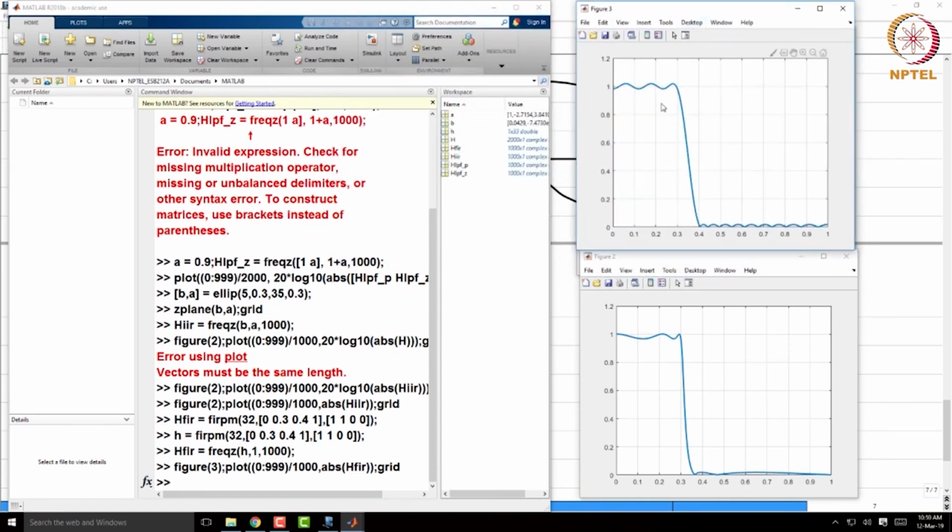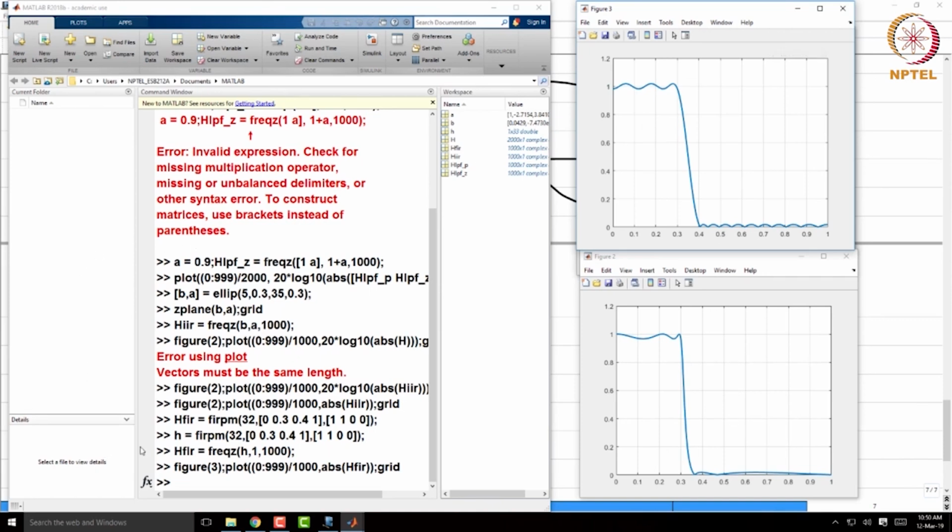They have roughly the same pass band, transition band, and stop band. But the point is, this is a 32nd order FIR filter. So, this is an FIR filter, this order is 32, whereas this is just 5th order. So, with 5th order you are able to get a frequency response that has this pass band, this transition band, and this stop band, whereas you need a much higher order when it comes to the FIR case.